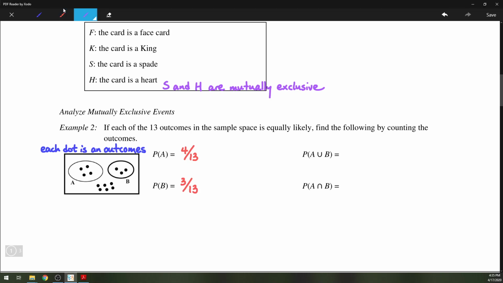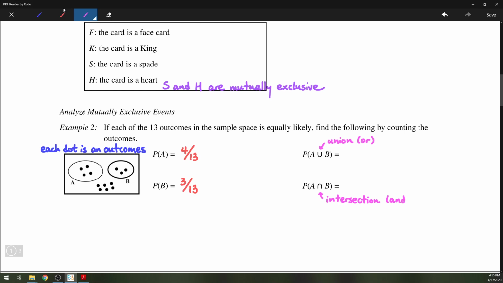A couple of new symbols here. You can see the one that looks kind of like a U. This is the union symbol, which mathematically basically means or. And the one that's upside down from the union symbol, that's the intersection symbol, and that means and.